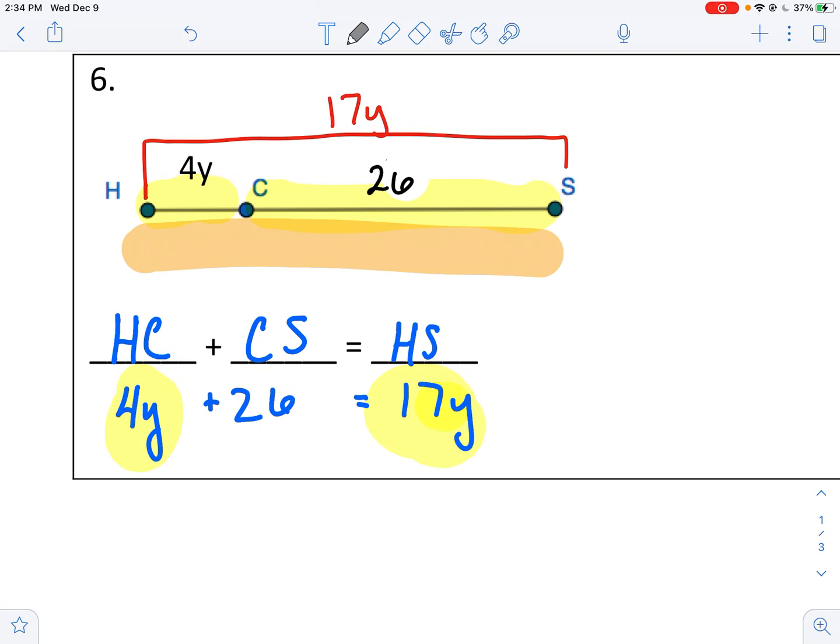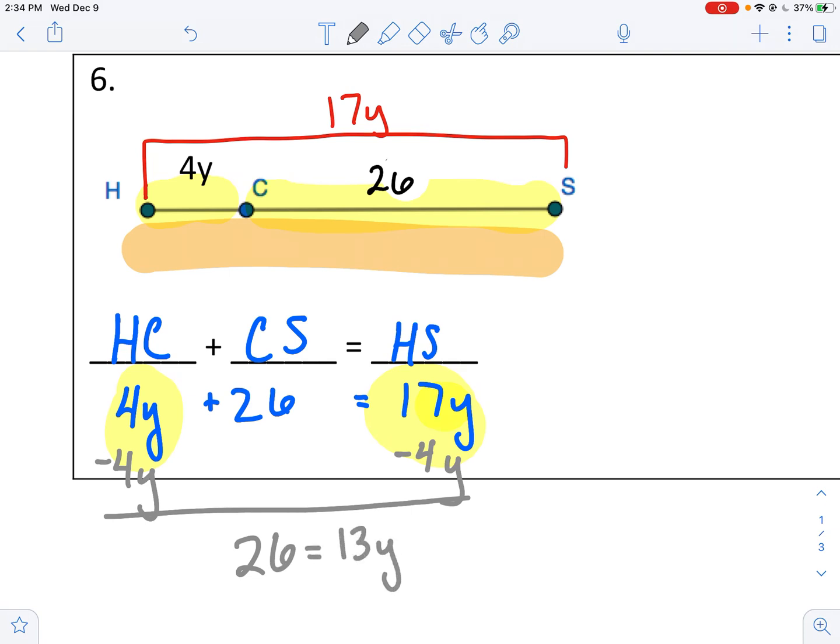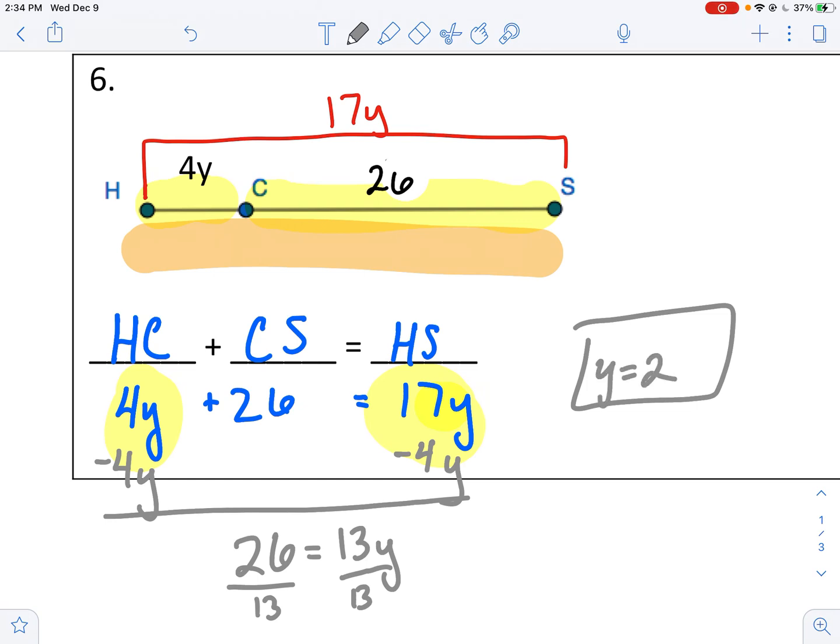So I'm going to move my 4y over to get that with the 17y. So I'll subtract that from both sides, and I have 26 equals 13y. And then if I divide both sides by 13, I get y equals 2.